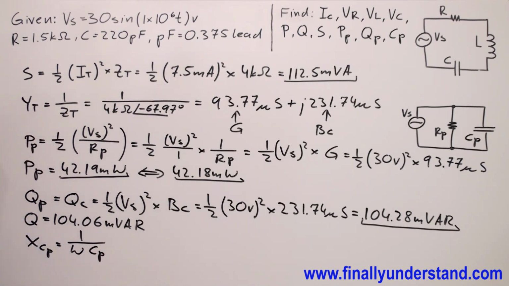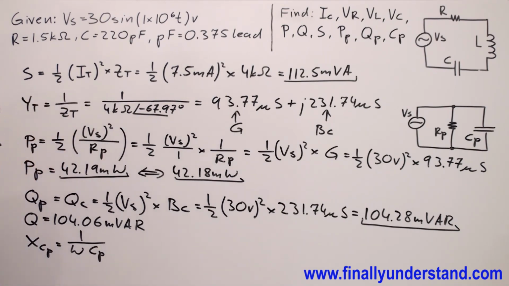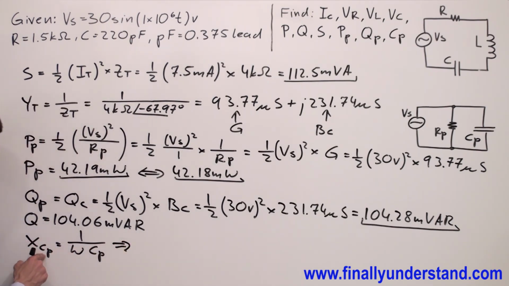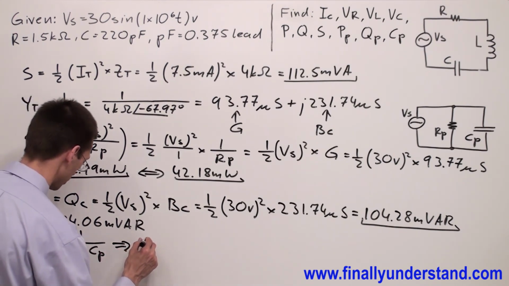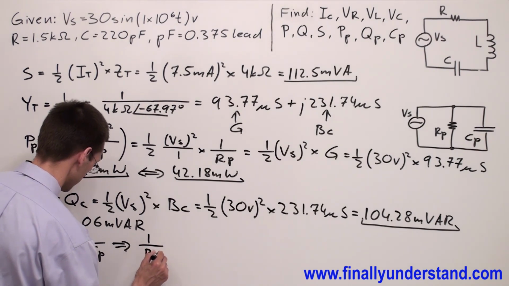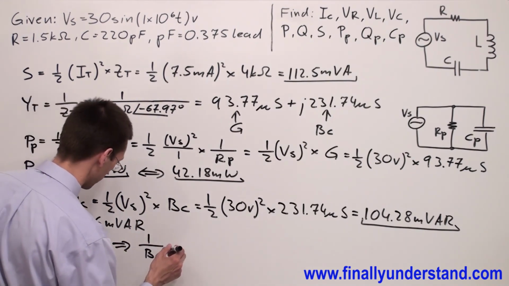But again, someone is going to say, but we do not have the capacitive reactance. We didn't find this. So instead of XCP, I'm going to write simply 1 over BC, because X of C is equal to 1 over the capacitive susceptance.